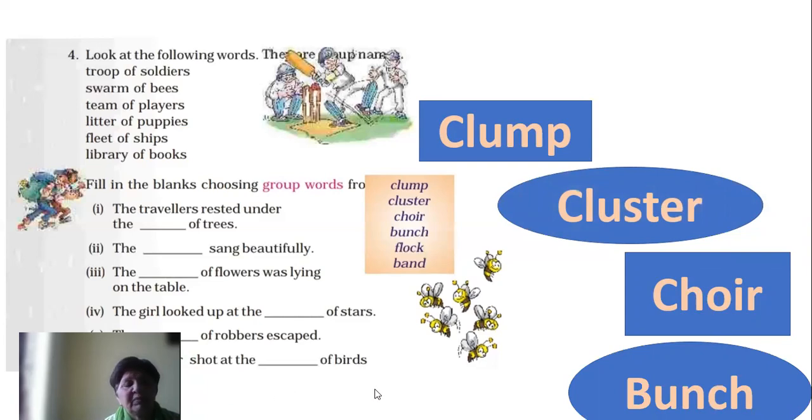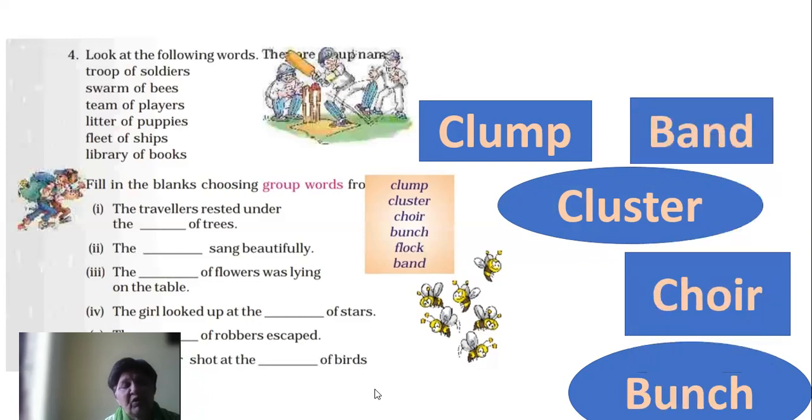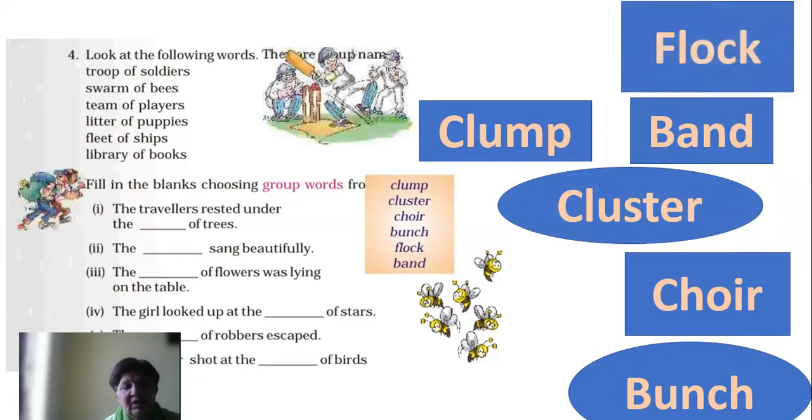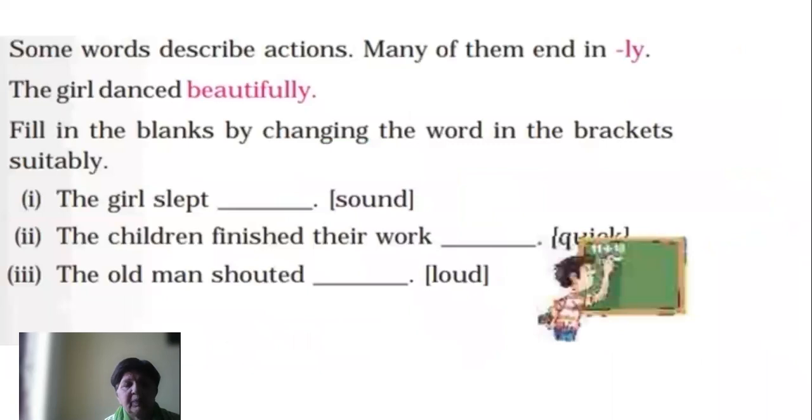So robbers means band of robbers escaped. He shot at the dash of birds. When many birds are there, it is known as flock of birds. He shot at the flock of birds. So flock, clump, band, cluster, choir, bunch, all these are collective nouns.